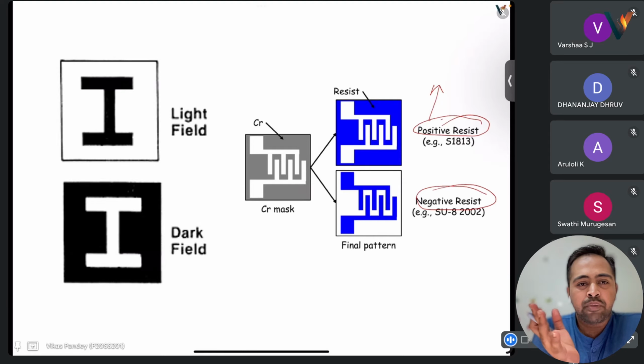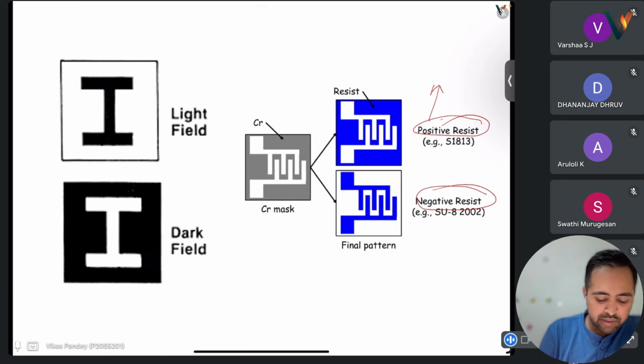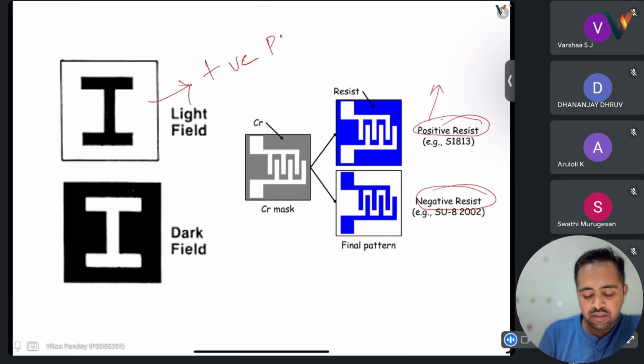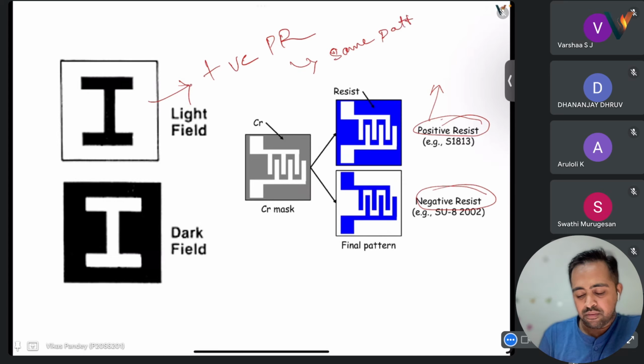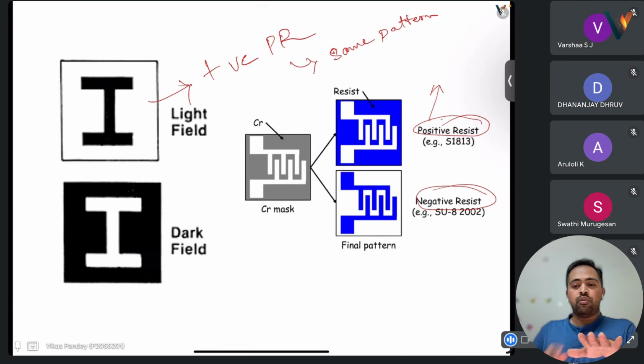To remember it, if you remember one, like a light field mask, remember that if we use it with positive photoresist, it will give us the same pattern. If we use this over a positive photoresist, the pattern that we get after developing will be the same pattern.